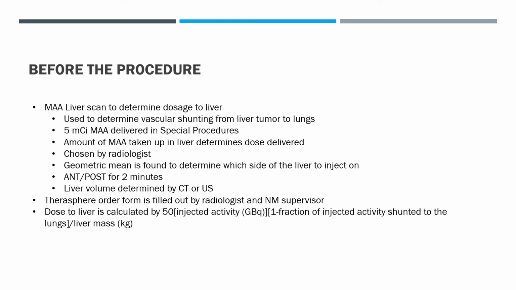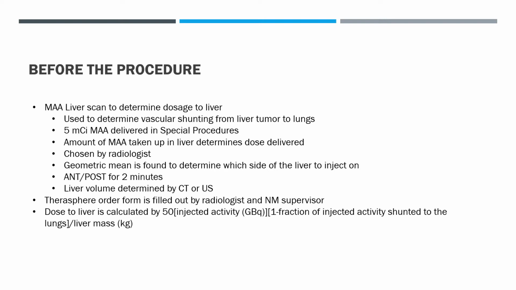So what you'll do is you'll inject 5 millicuries of technetium-99 MAA, or microaggregated albumin, in special procedures, and the amount of MAA taken up in the liver determines the dose delivered, but also the vascular shunting as well.